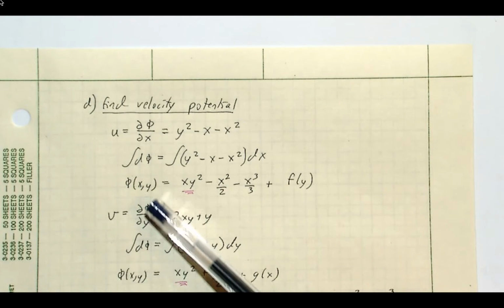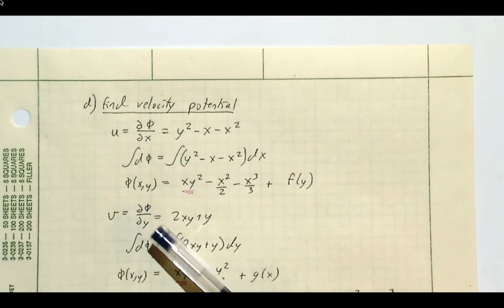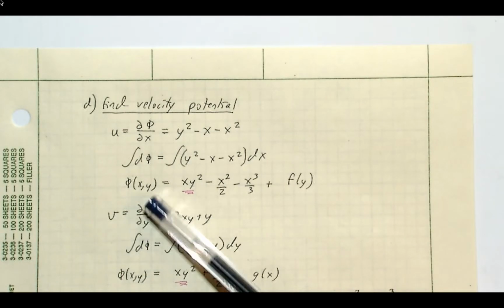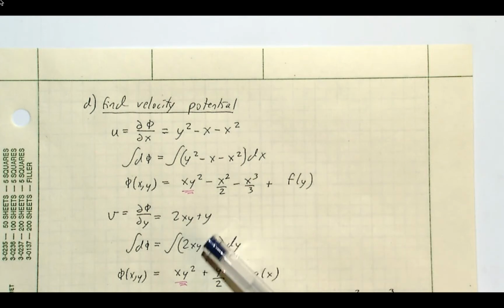Same thing now, d phi dy is defined to be v. We're defining the velocity potential such that that is true. So d phi dy is now given by our vertical component of velocity. We integrate the vertical component in the y direction, and we get these terms. What's left over here is a function of x.